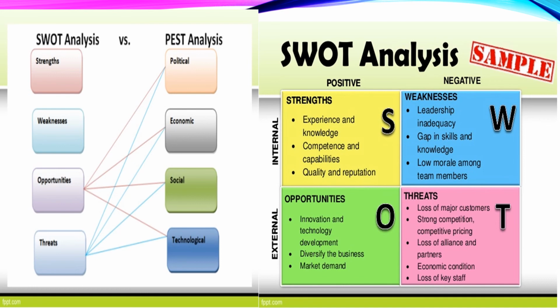That belongs to strengths. Next, we have weaknesses. Under weaknesses, we have leadership inadequacy, gap in skills and knowledge, low morale among team members. So that's the example of weaknesses.